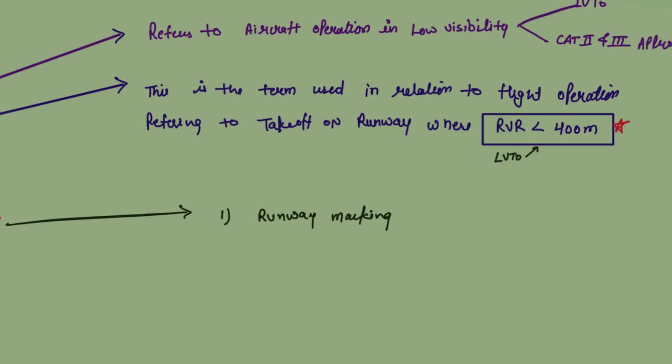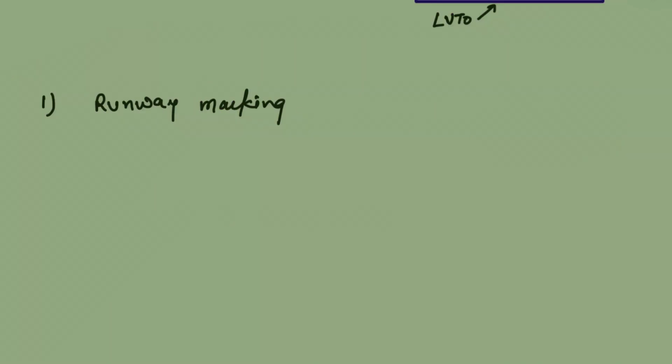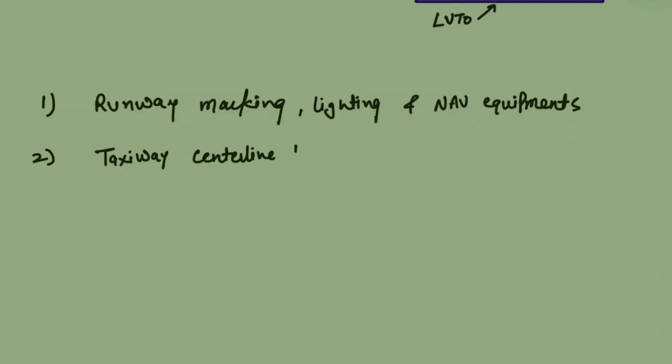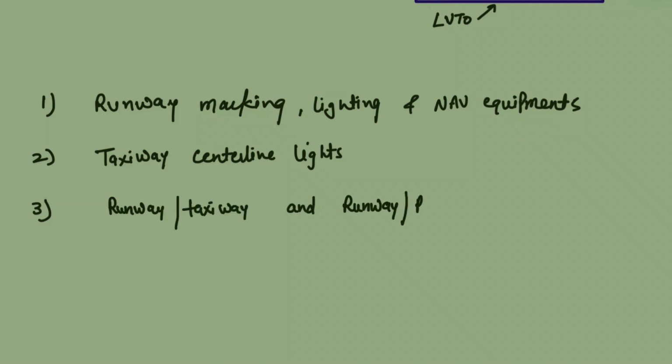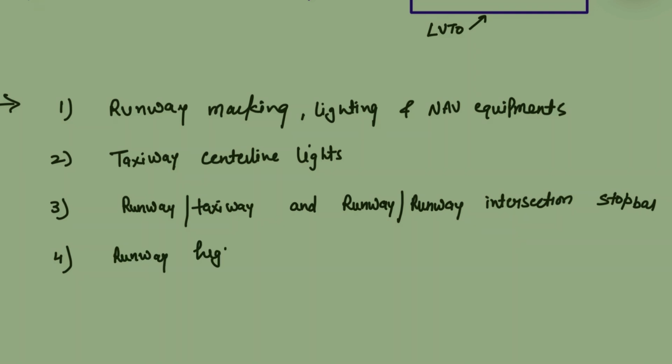Number one, runway markings, lightings, and navigational equipment. Number 2, taxiway centerline lights. Number 3, taxiway and runway intersection stop bar lights. Number 4, runway high intensity edge lights. 5th, runway centerline lights.